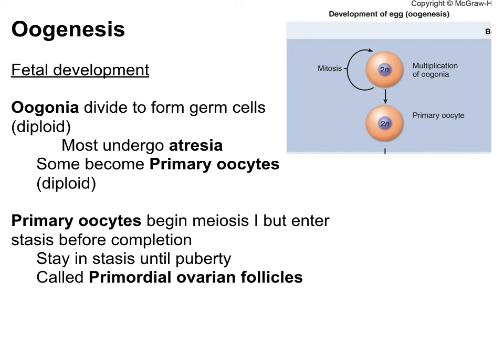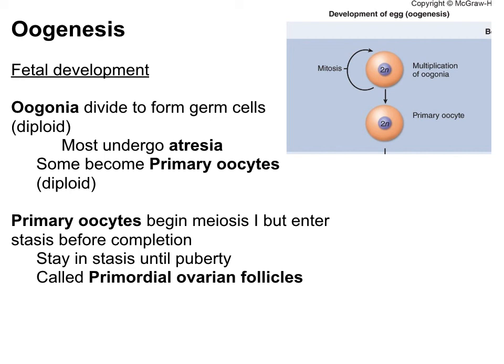In the fetal ovary, there are oogonia, diploid stem cells, that begin to divide rapidly and produce millions of germ cells. These diploid germ cells don't survive long. In fact, most undergo atresia, which is cell death.